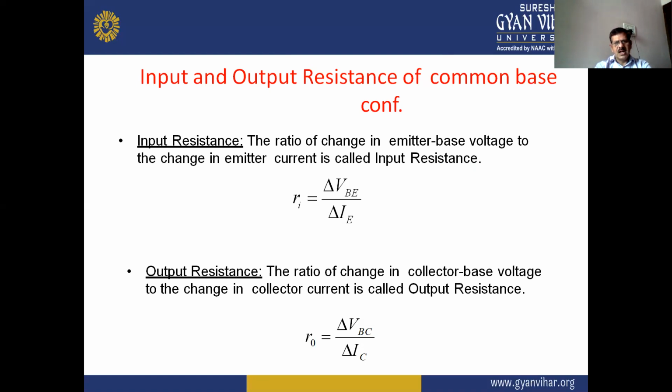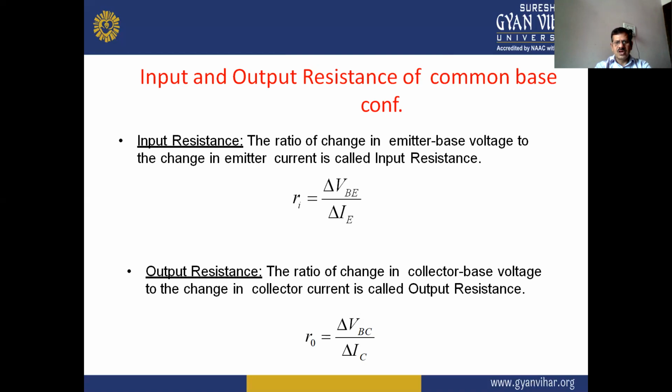And what is the output resistance? Output resistance can also be found with the help of the output characteristics of the common base configuration. The ratio of change in collector base voltage to the change in collector current is called output resistance.